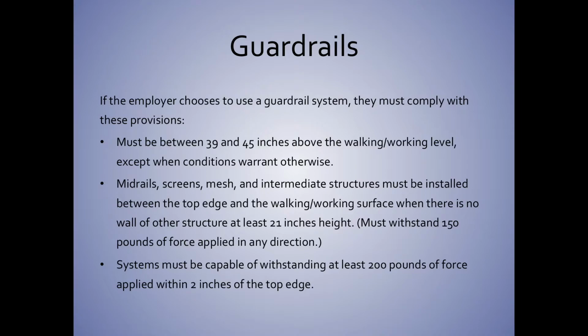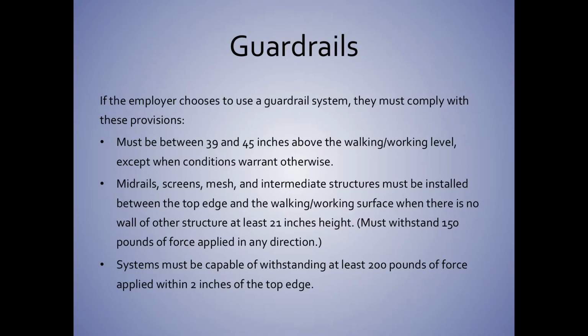Guardrails. If the employer chooses to use a guardrail system, they must comply with these provisions. Top rails must be between 39 and 45 inches above the walking or working level, except when conditions warrant otherwise.